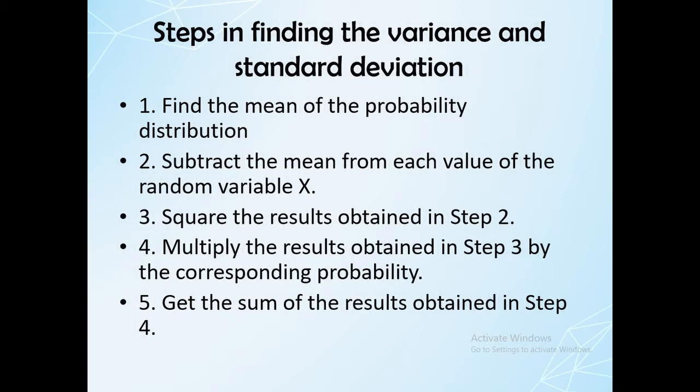Number 2. Subtract the mean from each value of the random variable x. Number 3. Square the results obtained in step 2. Number 4. Multiply the results obtained in step 3 by the corresponding probability. Number 5. Get the sum of the results obtained in step 4.